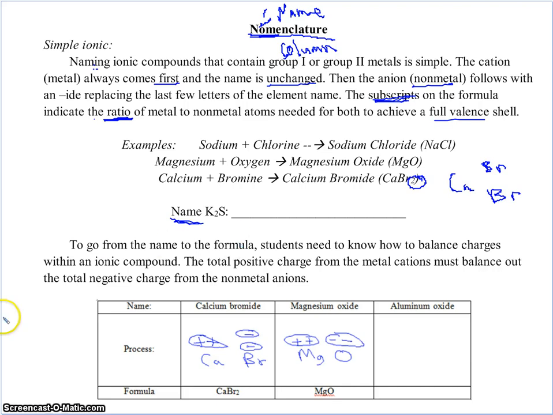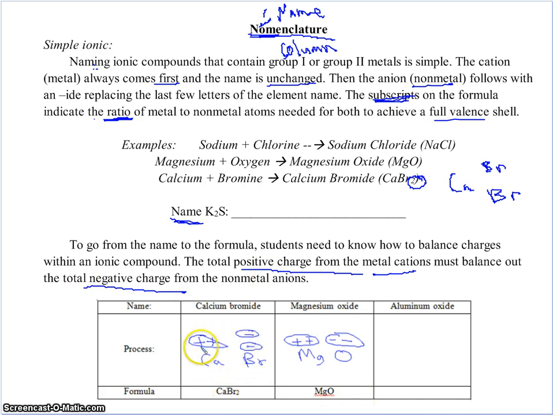Let's keep going in the reading. To go from the formula to name, I don't know. Students need to know how to balance charges within an ionic compound. The total positive charge from the cations must balance out the total negative charge from the nonmetal anions. Oh look, here's our example.